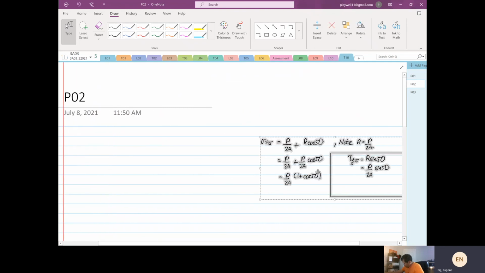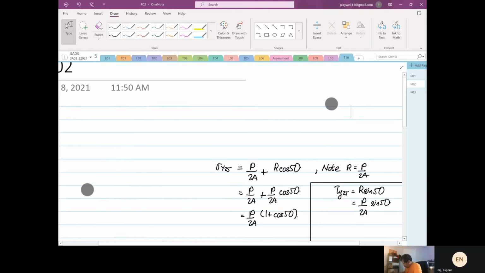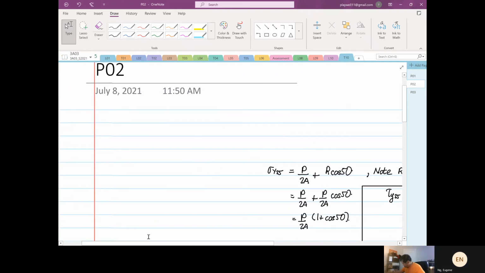So the equation that we have is stress Y25 equal to P over 2A times (1 plus cos 50), right?